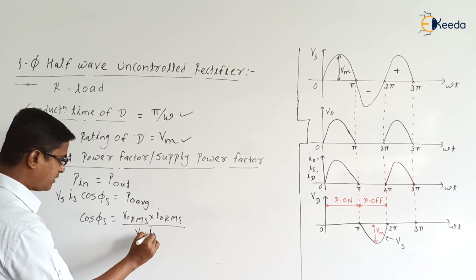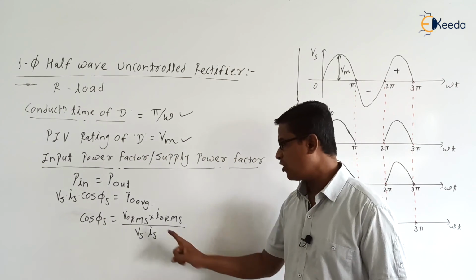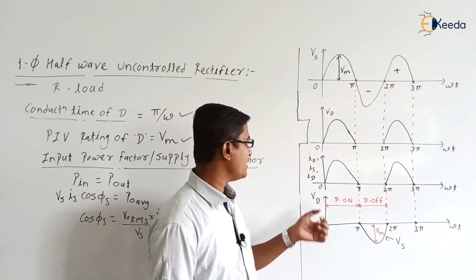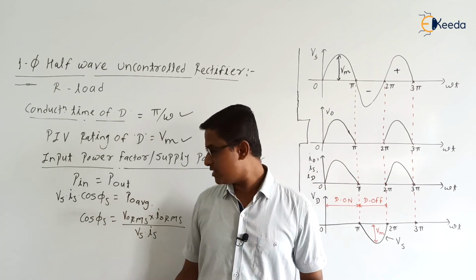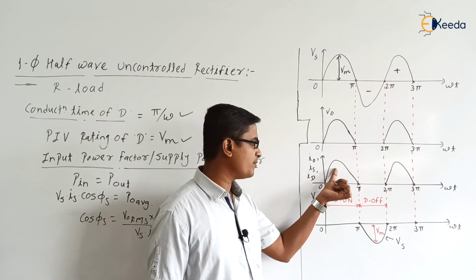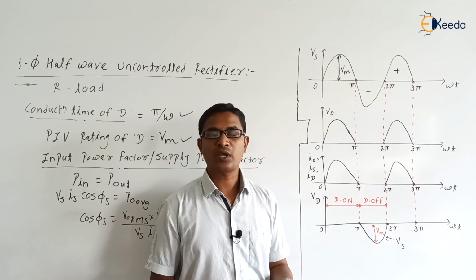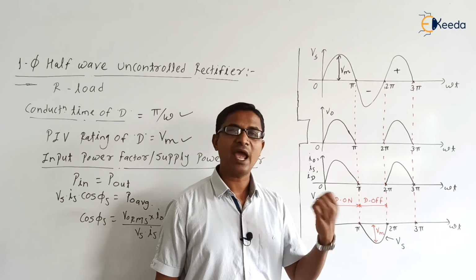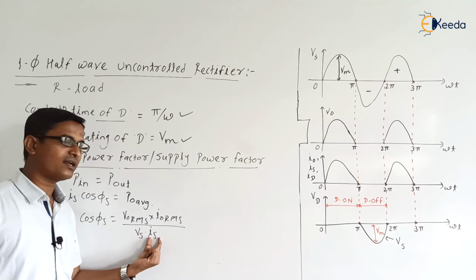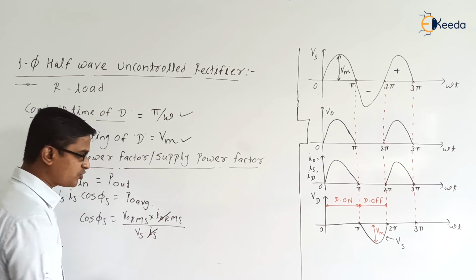I0 RMS is the RMS value of I0, and Is is the RMS value of the supply current. The waveforms of I0 and Is are both the same, so I0 RMS and Is are the same. So I0 RMS and Is will get cancelled.